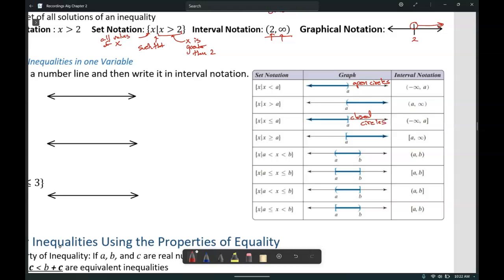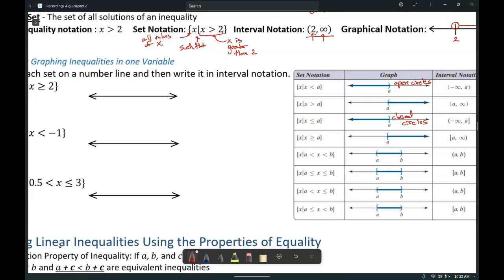And we use closed circles when we have the or equal to. So for less than or equal to and greater than or equal to, we'll either use the closed circle notation or the bracket notation, while greater than and less than will use an open circle notation or a parenthesis notation.